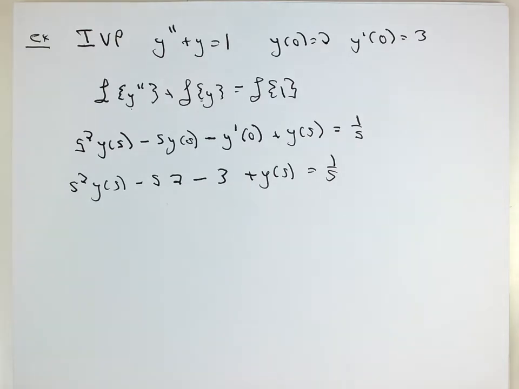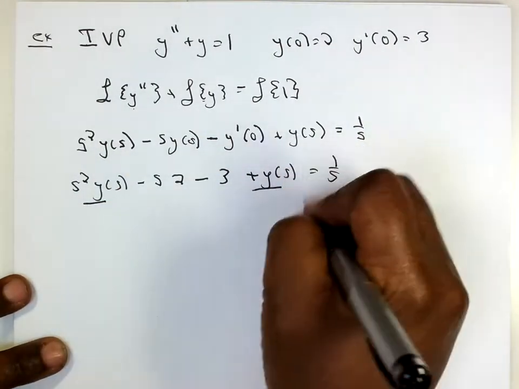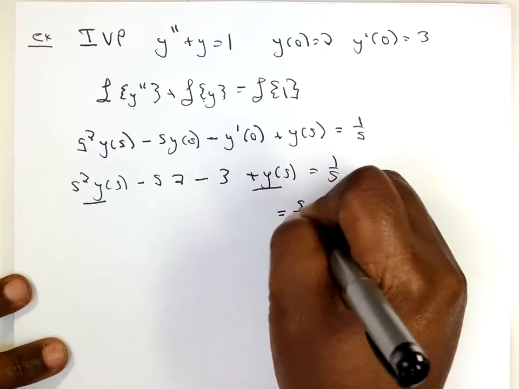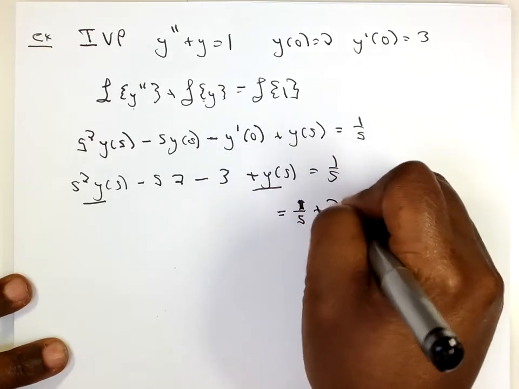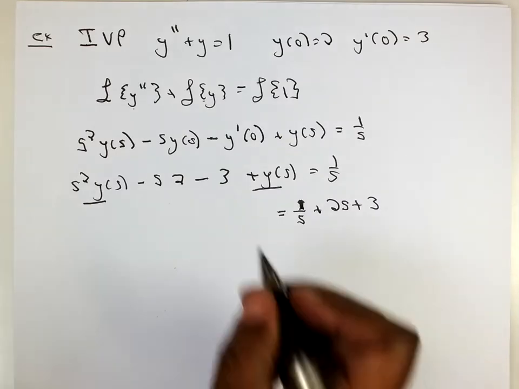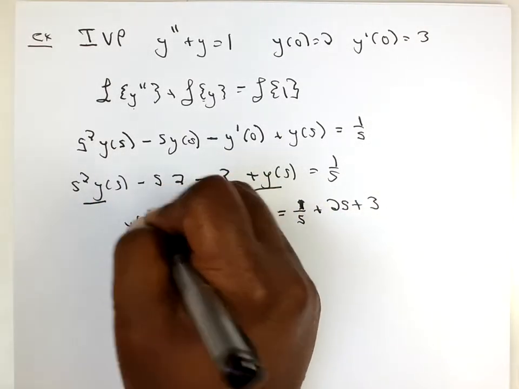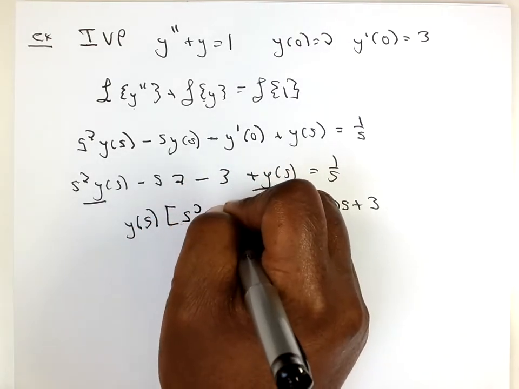So I need to solve for my Y of s, which I have here and here. So I'm going to move these terms over. So 1 over s plus 2s plus 3. These two terms have the Y of s, so I'm going to factor that out, and I'm left with s squared plus 1.